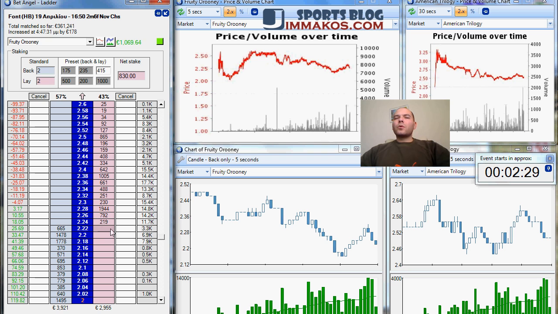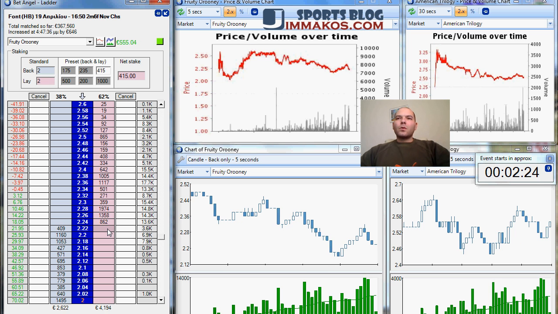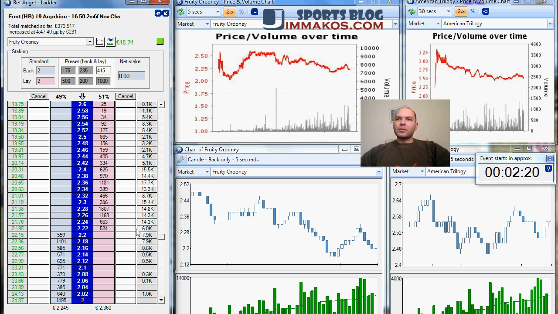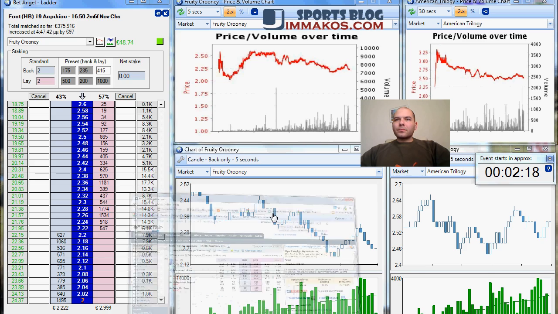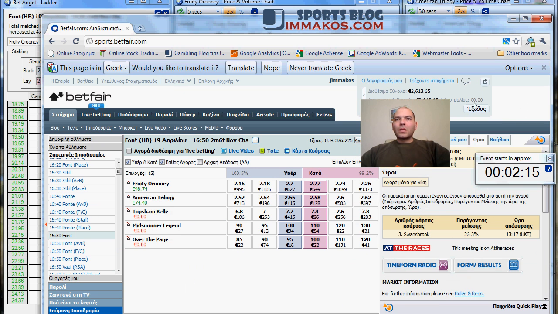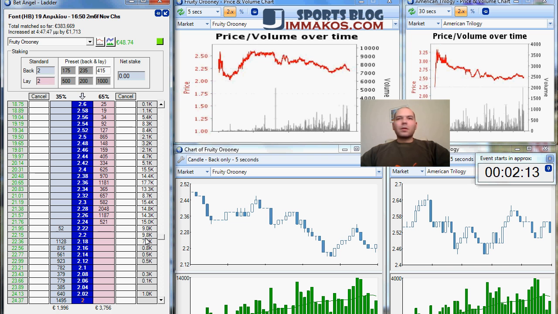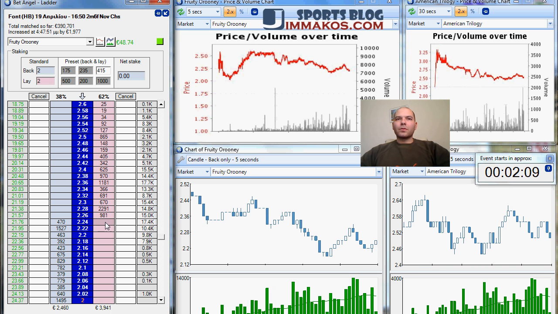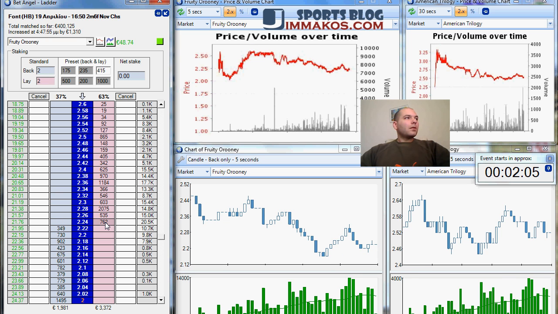The more confident I am of the trade, the more positions I open. You see now that I have secured 50 euros on the first horse and 70 something on the second by this time. Now I'm going to pause a little.